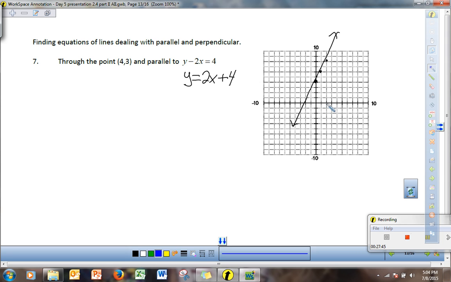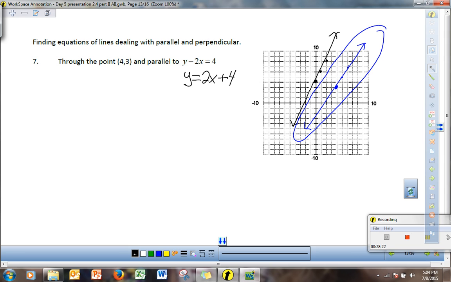I'm going to go over 4 and up 3. I want my brand new line to be parallel to this guy. So I'm going to go up 2, because to be parallel, remember, same slopes. I'm going to graph this line for you. It looks a little not parallel there, but they are. What we're going to do now is find the equation of this line.